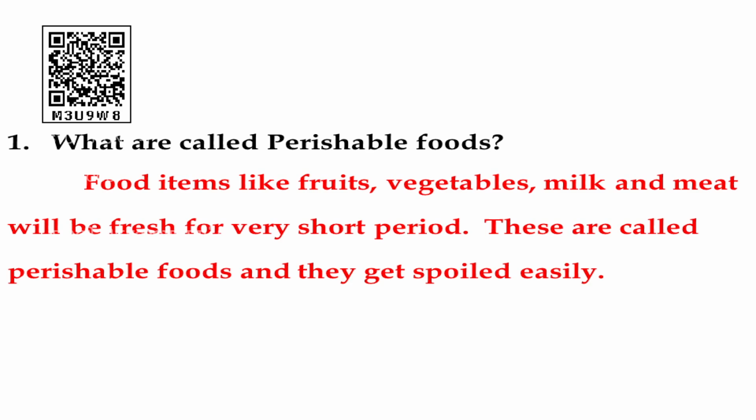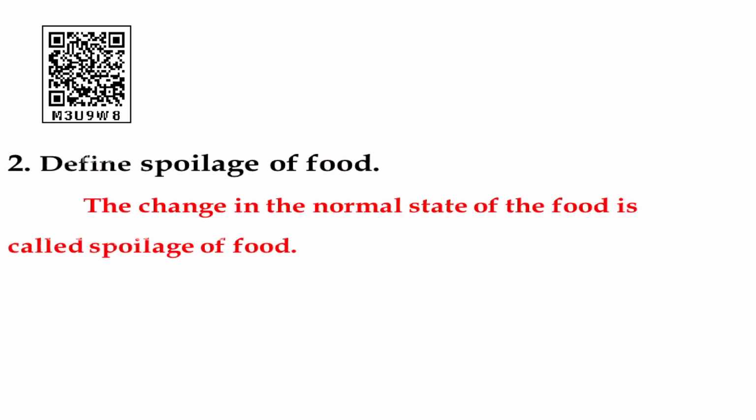These are called perishable foods and they get spoiled easily. Yes, children, very good. Define spoilage of food. The answer is the change in the normal state of the food is called spoilage of food.